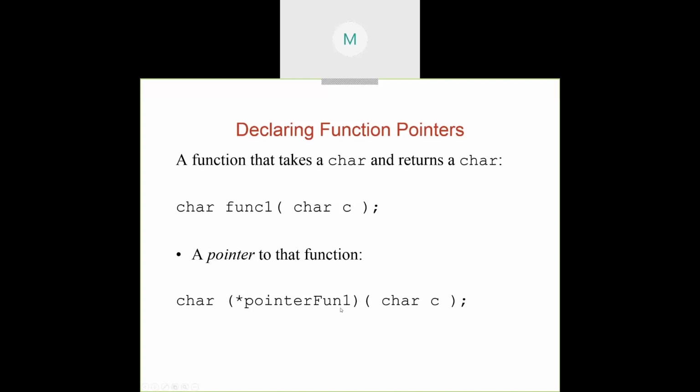Clear? And then whatever argument it takes. So this is a function prototype. If you want to create a function pointer of this function, at first you say the return type, then name the pointer any name or a meaningful name using the pointer sign and this parenthesis. Okay, and then what argument it takes, the type and the name.